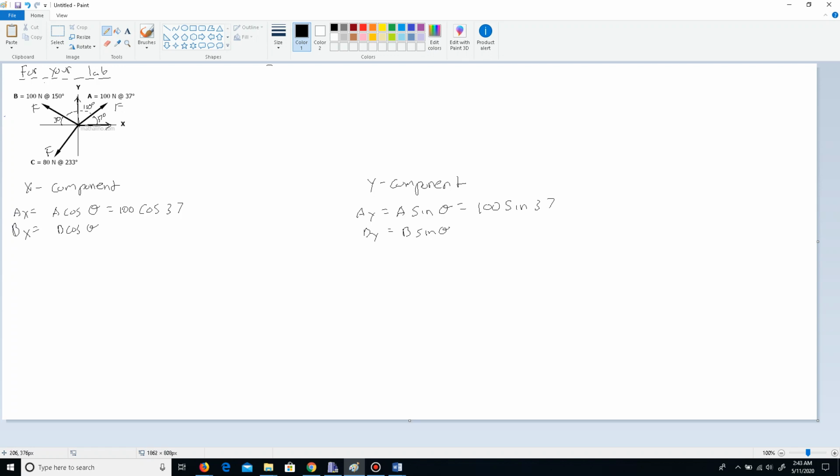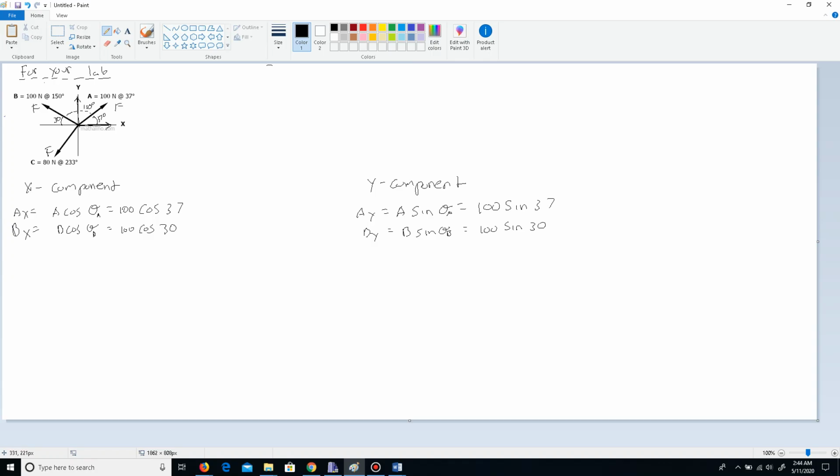In this case theta is changing, so we think of theta for A and theta for B. So B is 100 cosine 30, and here B is 100 sine 30.